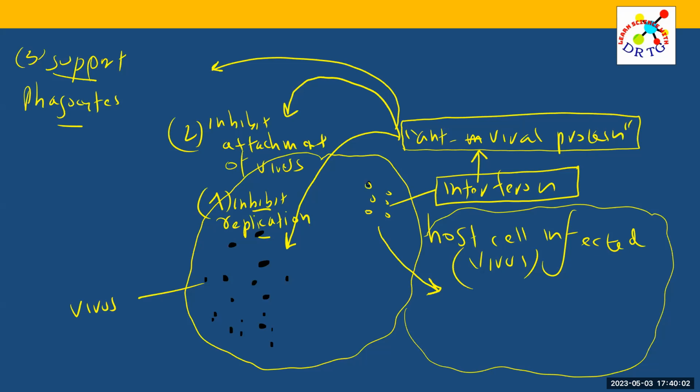So interferon can support phagocytic cells. So that is the third method. It can support removing the virus from the body. So these three methods come into action, and both cell types try to survive. Okay, this is the end of the interferon story.